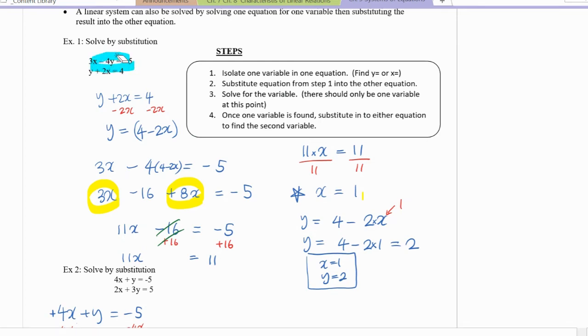Next class, we're going to learn another method, so we're learning 3 methods. You should remember how to graph a linear equation using slope-intercept form, finding the slope and doing rise over run. Graph it, and if you find the intersection, that is the answer for the system. Okay?